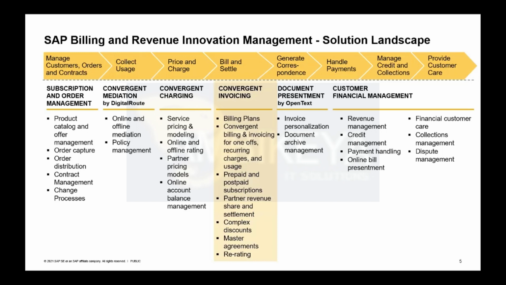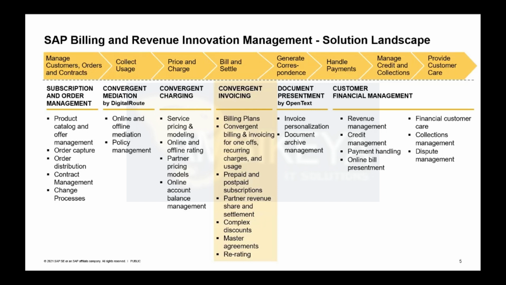We can also handle balances for the contracts, and we can have this in an online and offline rating mode. It depends. If you have prepaid processes in place, then it's often necessary to have an online mode in order to check if the customer is still allowed to use the service. Additionally, we handle partner pricing models and also online account balance management.